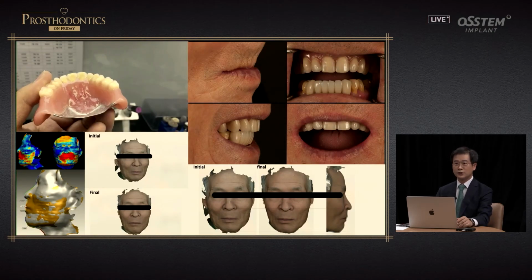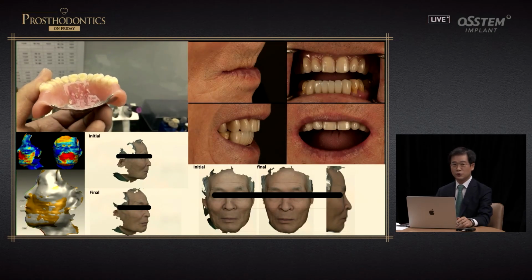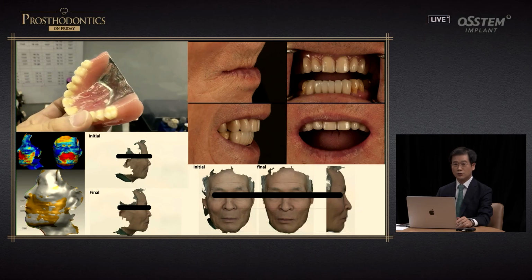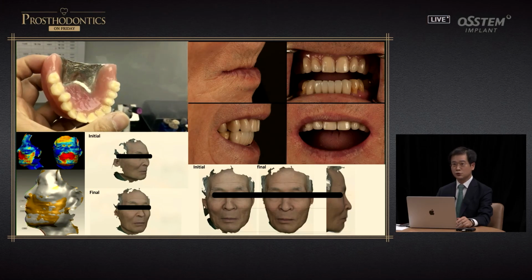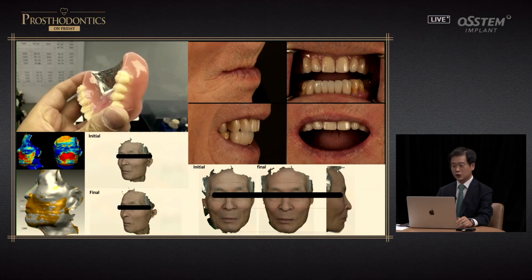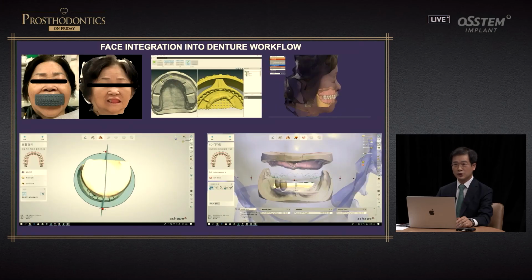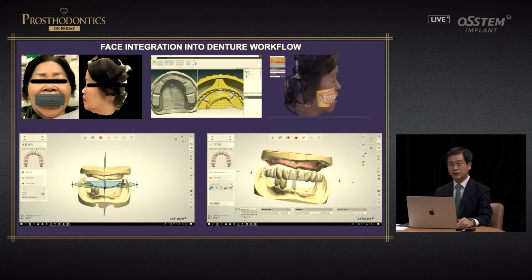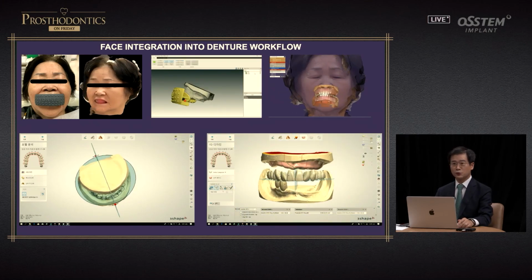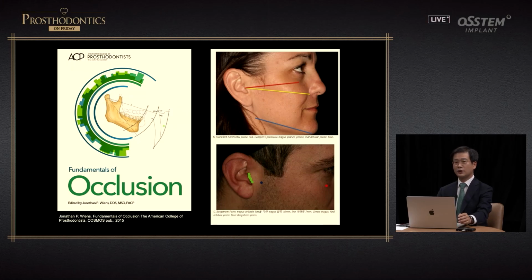So for the denture case that I've already shown you, you scan the face first and compare before and after treatment for analysis. When you align the teeth, using the face of the patient will be possible.